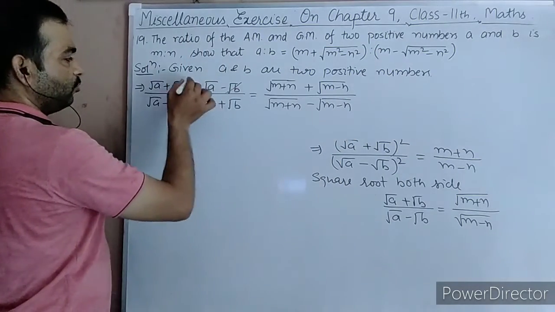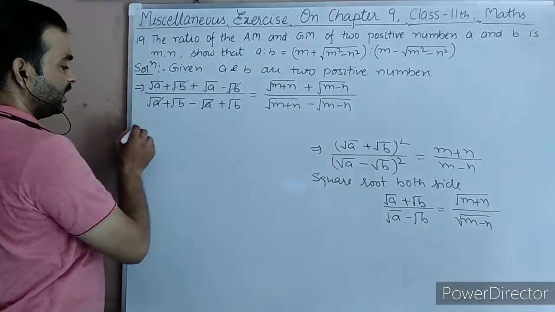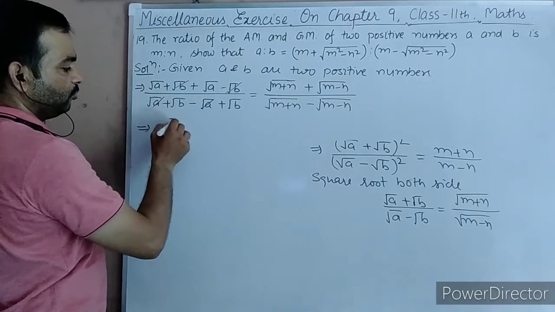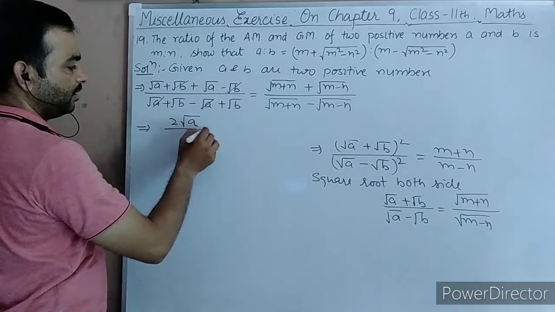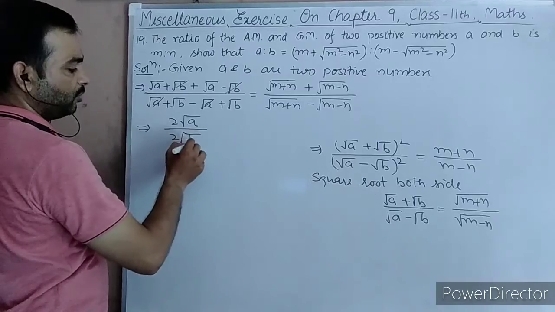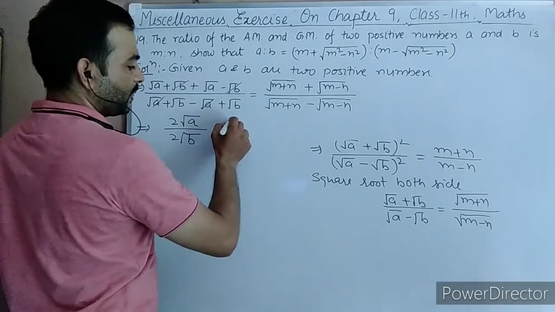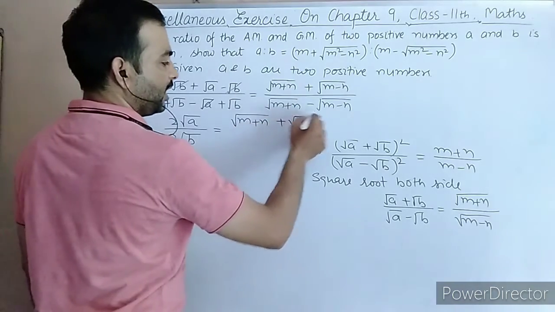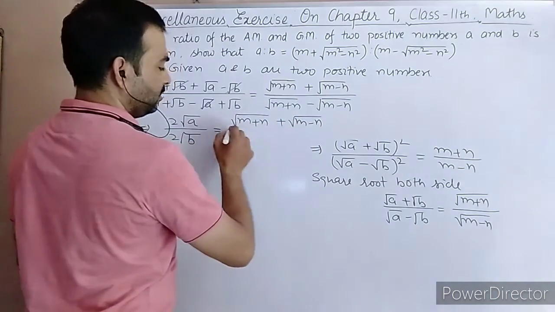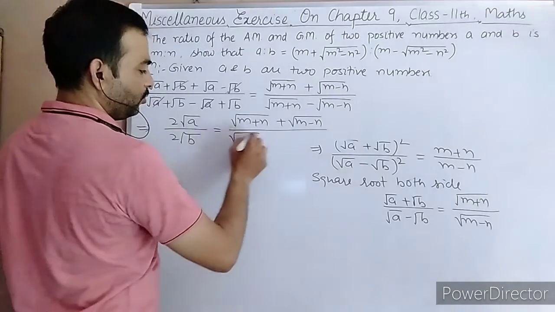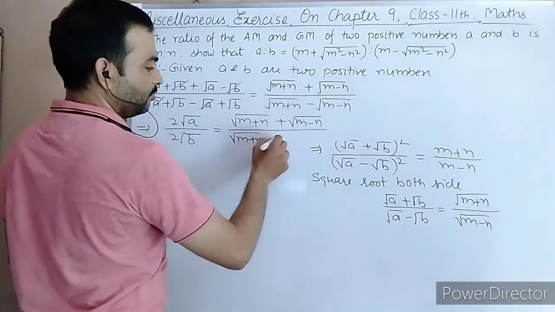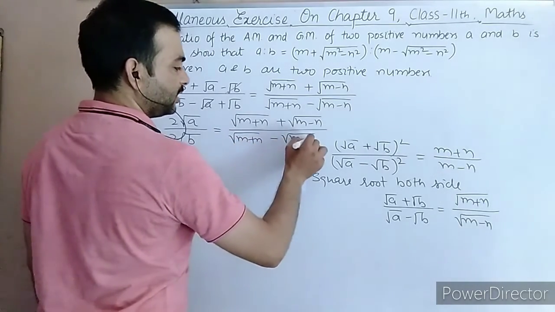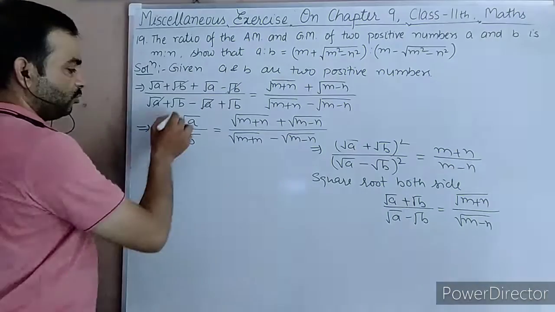So I get here root b cancel, root a cancel. This implies 2 root a divided by 2 root b is equal to (root m plus n plus root m minus n) divided by (root m plus n minus root m minus n). 2 and 2 cancel out.